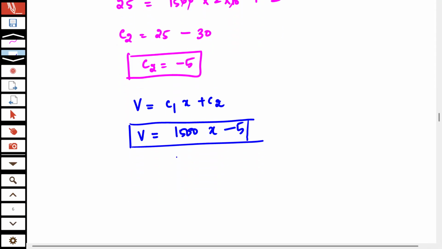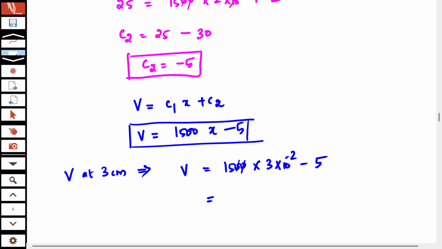Now in question, we are asked to find voltage at 3 centimeter. So voltage at 3 centimeter can be found as V equals to 1500 into 3 centimeter minus 5. That is going to give, these two will cancel, and we will get 15 into 3 minus 5.